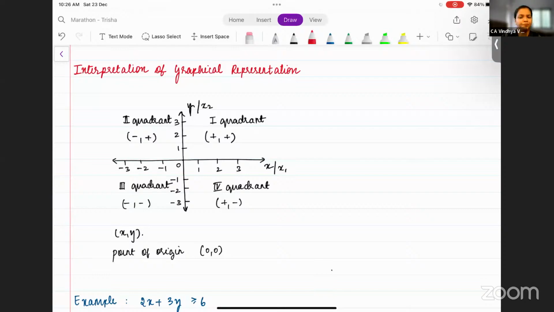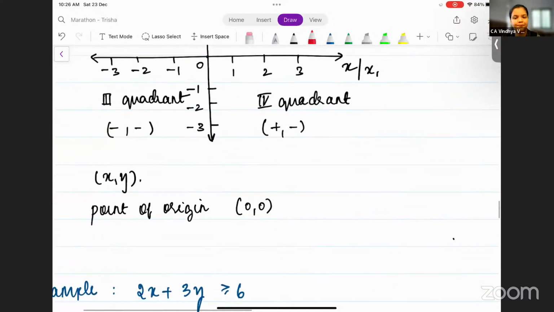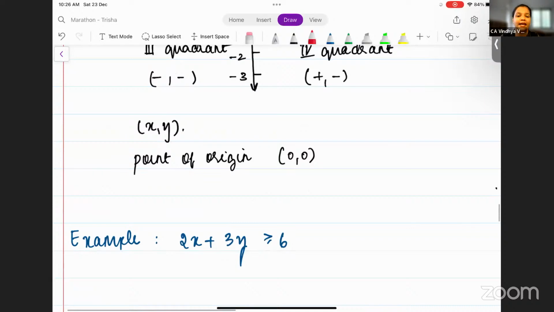Like I have mentioned on the graph here, the point where x and y meet is called the point of origin, which is represented as 0, 0. In the first quadrant, both the values of x and y are positive. Second quadrant, x is negative, y is positive. Third quadrant, both are negative, and in the fourth quadrant, x is positive and y is negative. This is your graph.